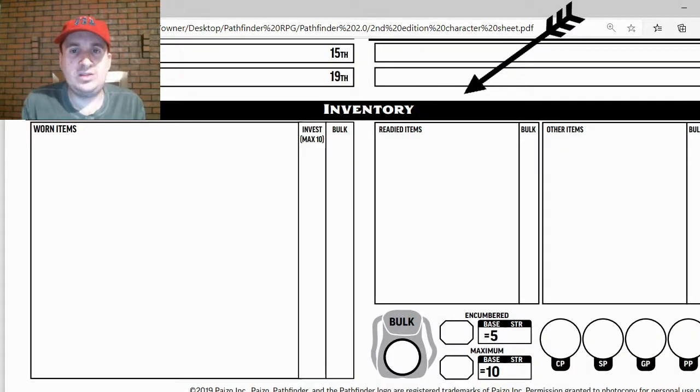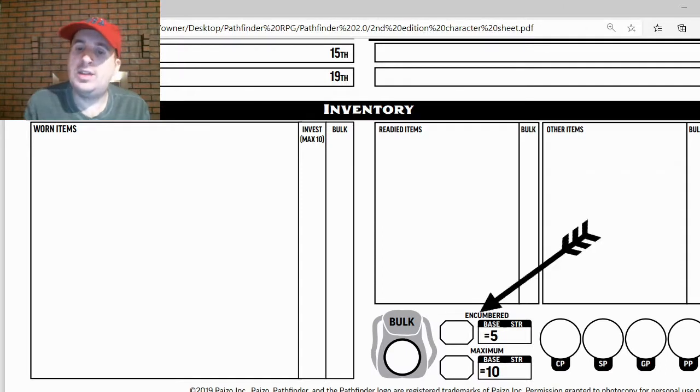Also on this page is the inventory section. This is where you would put all the items that your character is carrying, including armor, weapons, gold, and other items. Every item has a certain amount of bulk that it takes up. If you go over your encumbered limit, then you have the encumbered condition. This limit is 5 plus your strength modifier.